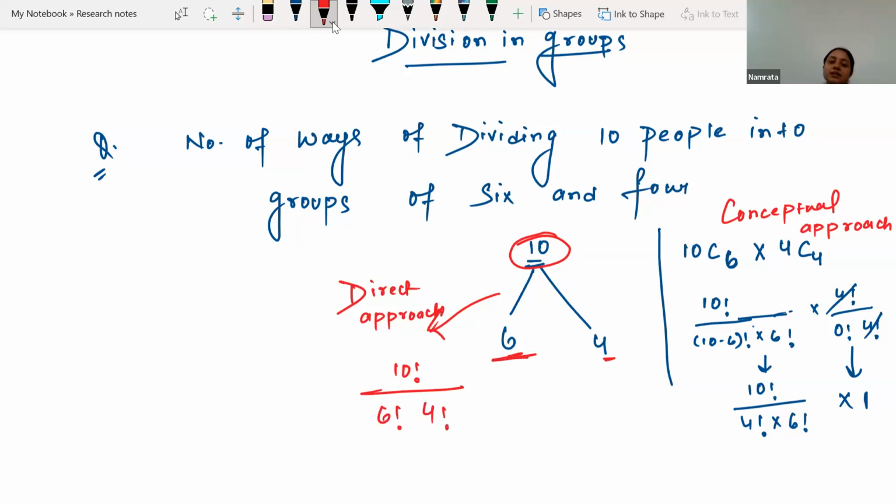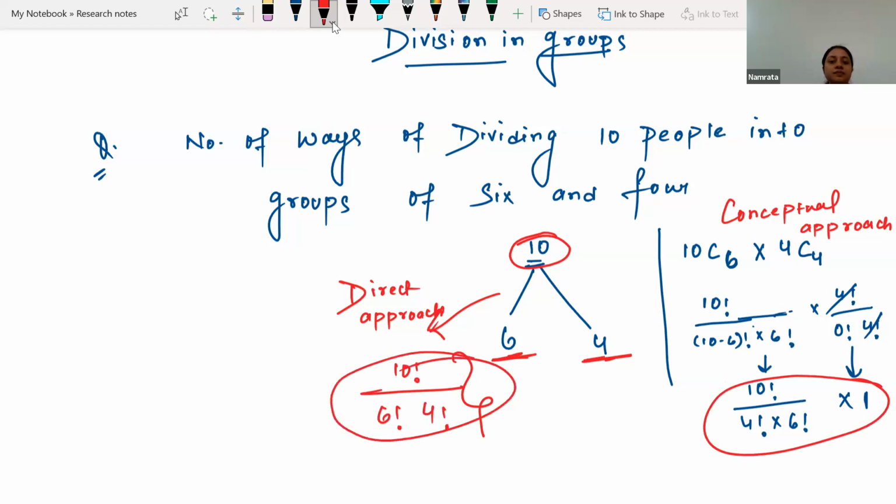This 6 and this 4 we take directly, and then also we get the answer. Can you see both the things are exactly the same? So whatever seems convenient to you, you can use that way. Here the direct approach says this way also you will be able to do it when you are dividing into unequal sizes of groups.